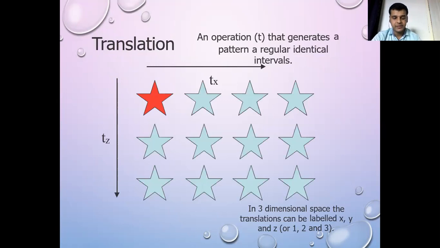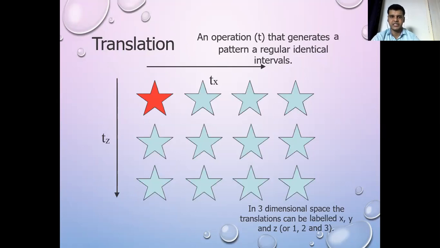What is translation? Translation is nothing but it repeats the object, point, an infinite number of times, but the other symmetry elements repeat only a finite number of times. For example, if you take one object and give some rotation, it will come so many times.